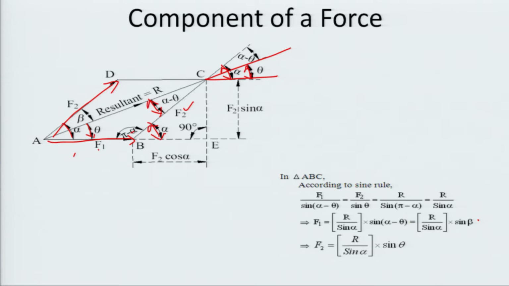If here alpha is 90 degree, then what will be the value of F1?